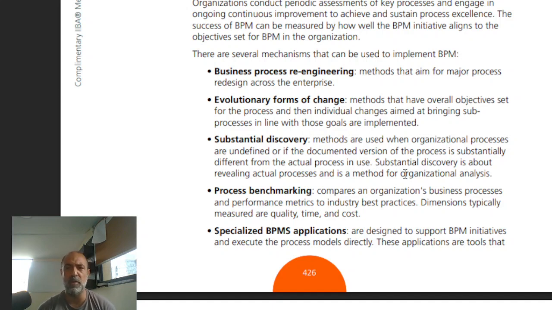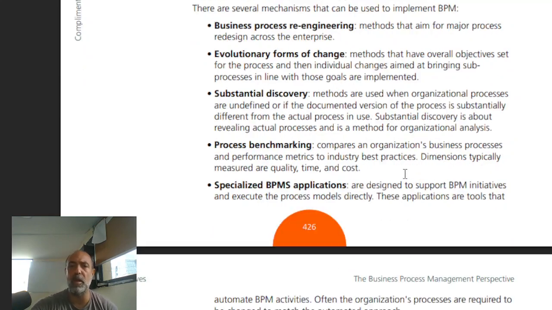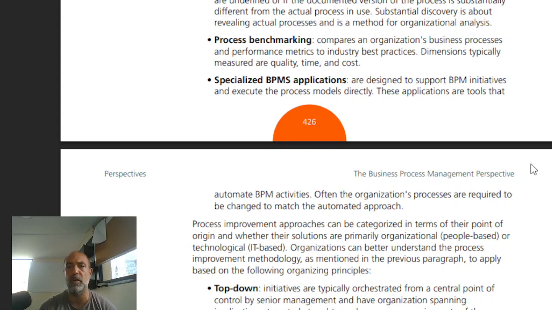Process discovery methods are used when organizational processes are undefined or the documented version differs from the actual process in use, so we have to go and discover them. Discovery is about revealing actual processes and is a method of organizational analysis. Process benchmarking: we compare it to different processes in different organizations.